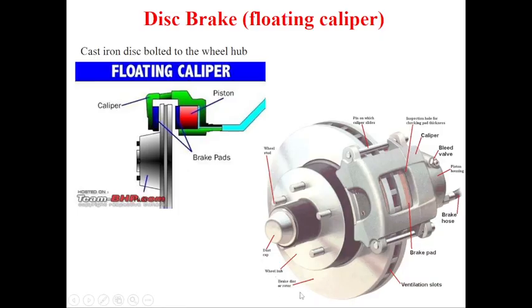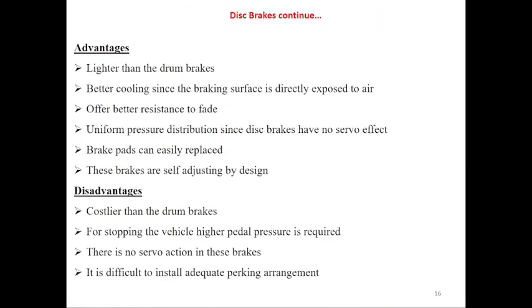This is the brake disc or rotor, and then the wheel stud. The wheel stud is connected with the help of a blade, and it is connected on the shaft of the wheel. The shaft of the wheel controls the vehicle. These are floating calipers, or the disc brake parts.